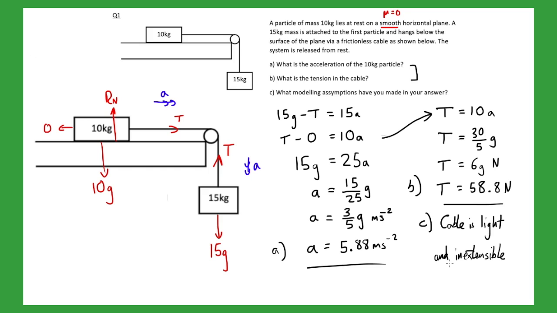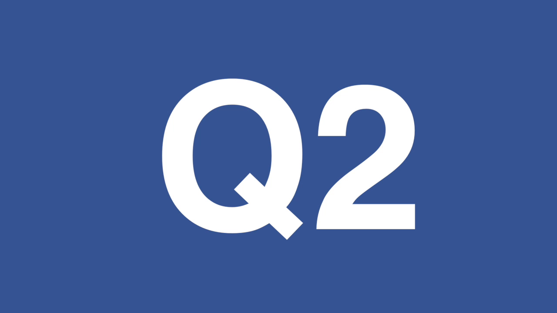For this type of question at the end, it's almost always an answer like this. You have a stock list of answers: light and inextensible, or it might be something like frictionless or air resistance, things like that. When you have a final answer like this, it's usually a 1 marker, and it's usually one of the modelling assumptions that we've already discussed.